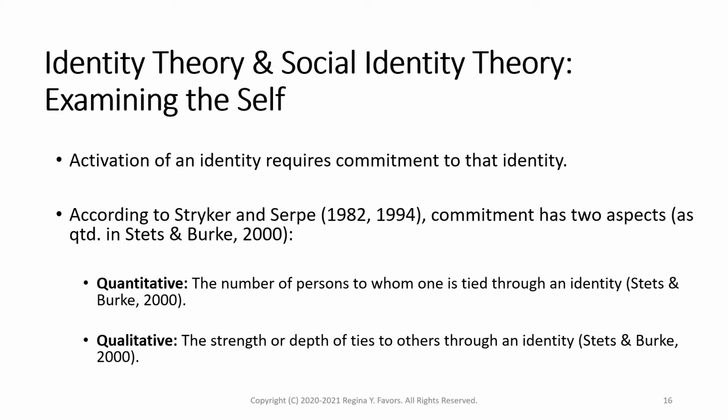Activation of an identity requires commitment to that identity. So according to these authors, commitment has two aspects. So you have quantitative and qualitative. The number of persons to whom one is tied through an identity. So in terms of parliamentarian, right, the parliamentarian is tied to the administrator people.